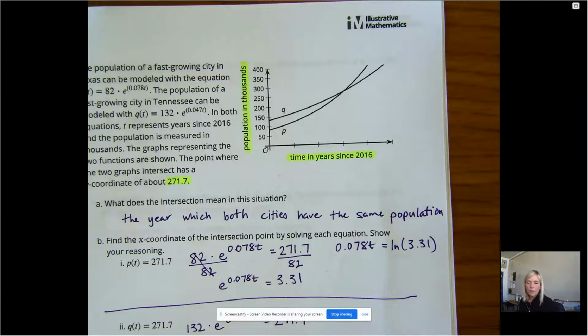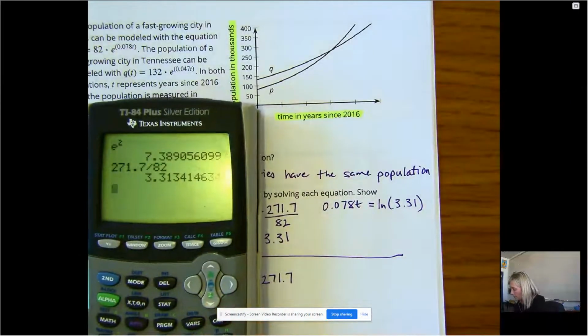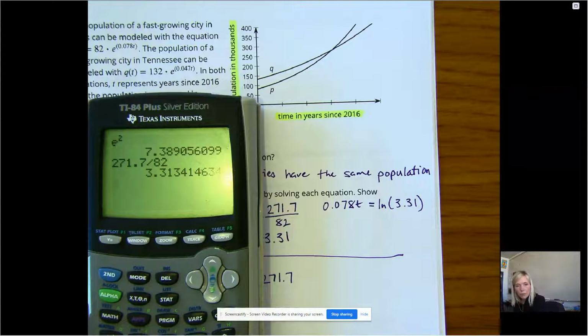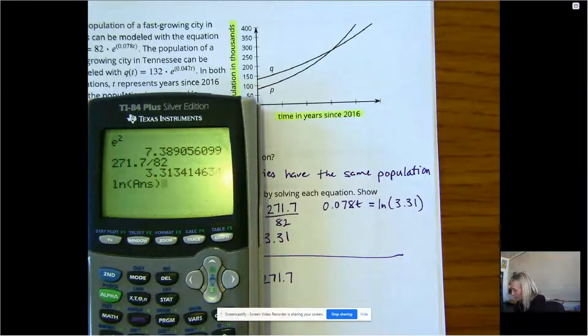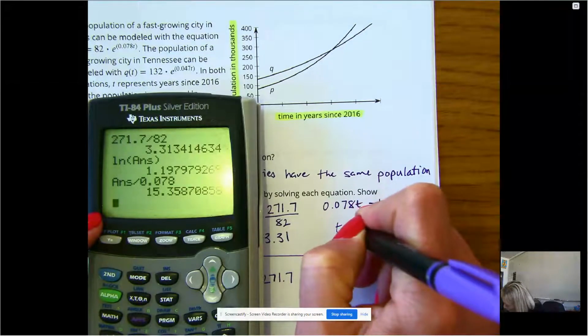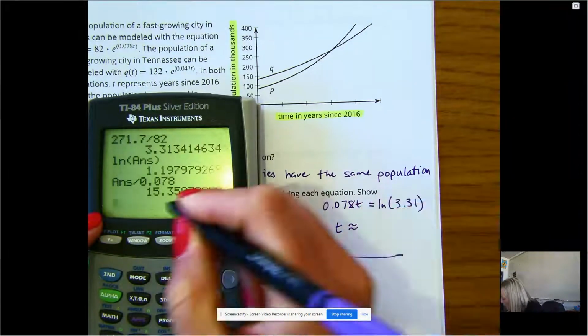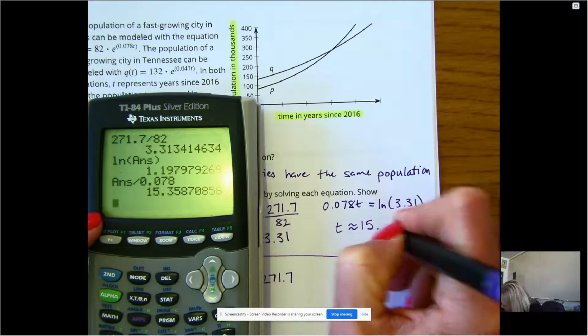Okay, so I'm going to find that natural log and then divide it by 0.078. So to get the most accurate response, I'm going to just have the calculator use the answer from before. And then I have to divide it by 0.078. And so t is about 15.359 if I round to the 3 decimal places.